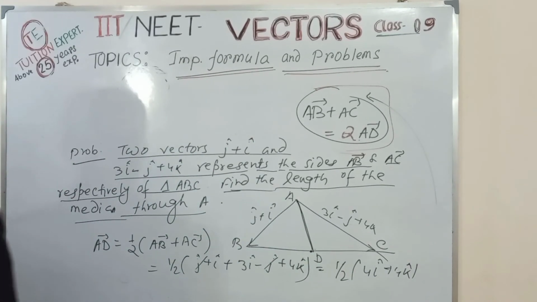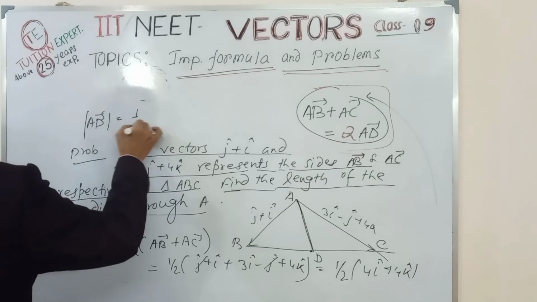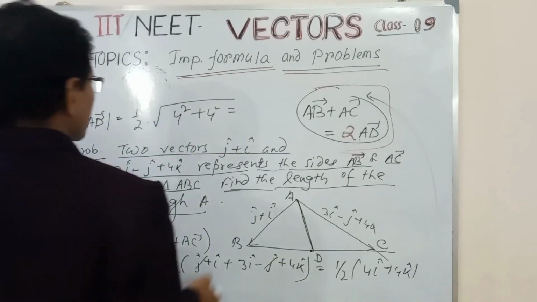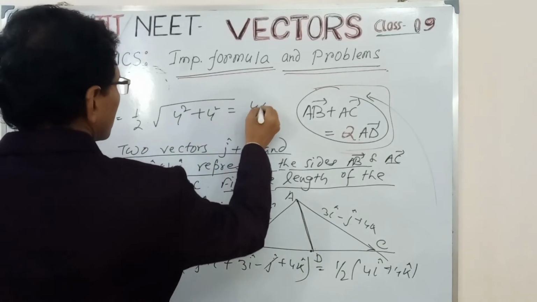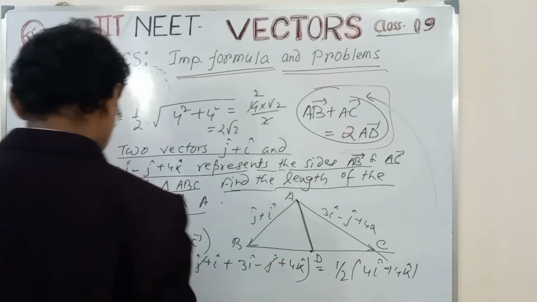So the AD vector is this. So the magnitude of AD equal to this is the answer.